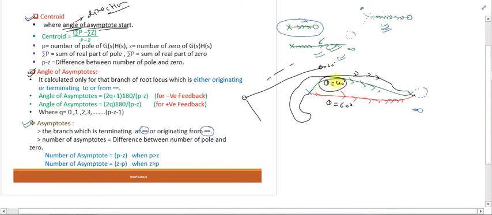This is decided by the centroid and the angle of asymptotes. Both together give the direction of the asymptotes.